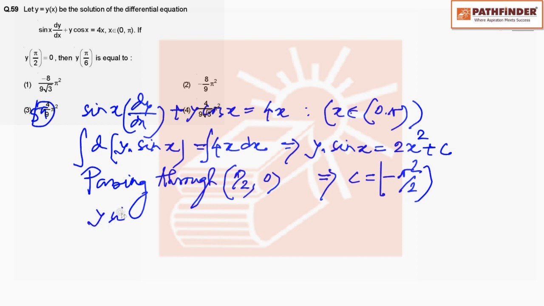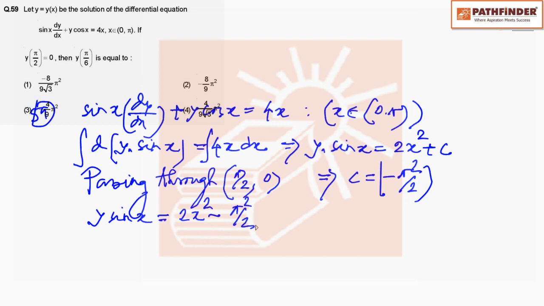So y sin x equal to 2x square minus pi square by 2. This is the equation.